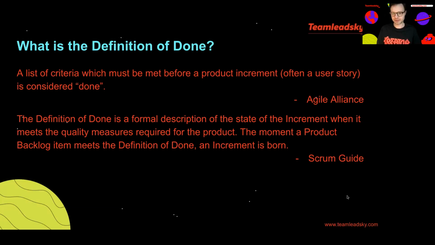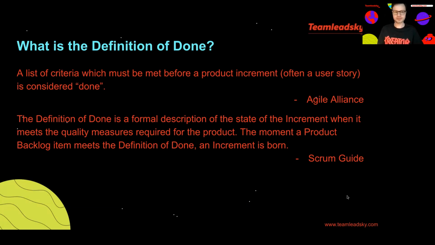And Scrum Alliance gives a little bit more of a poetic definition, saying that the moment when the criteria of the definition of done are met, the product increment is born.